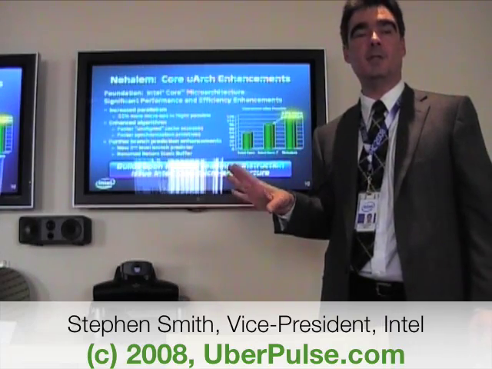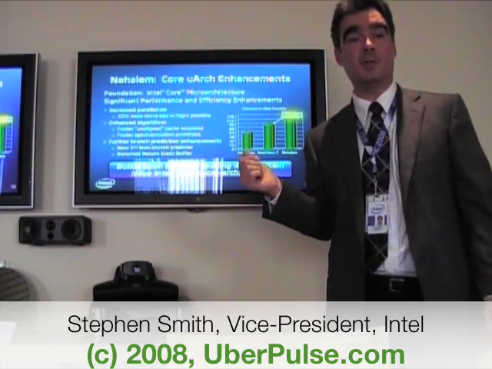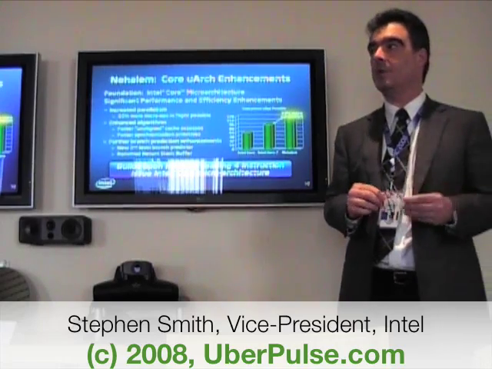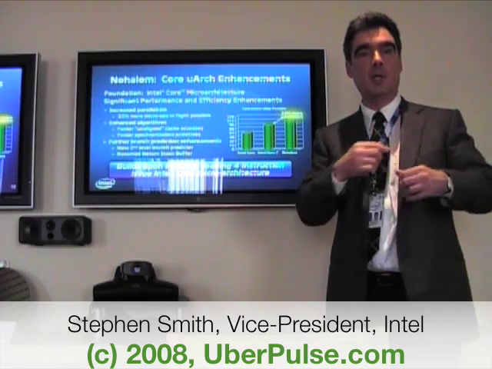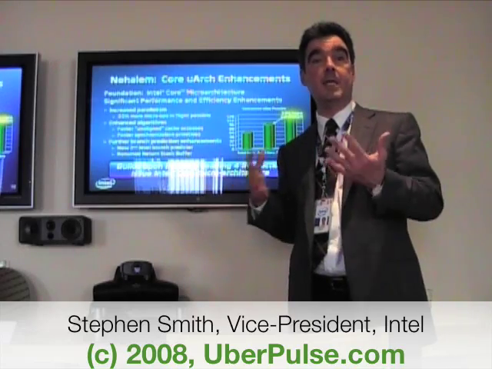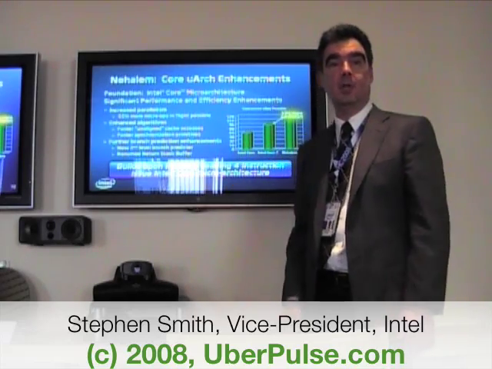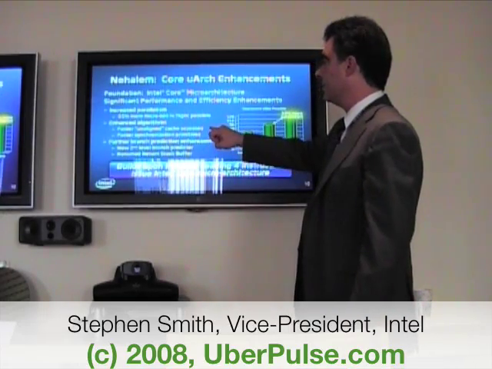On Core, that was 96 micro-ops in flight. This one is 128 micro-ops in flight, so that we can capture possible executable code across a wider window. And that's good in general, but it also is important in that we're adding SMT so that we have two possible threads that we can execute on using those resources.